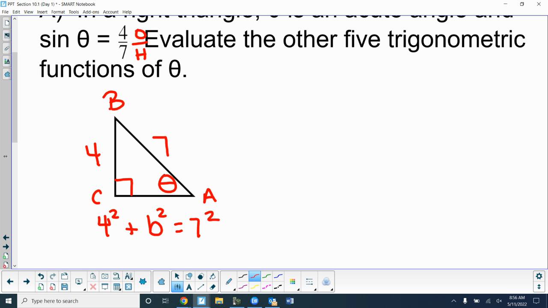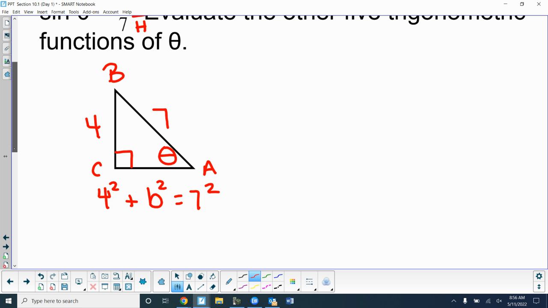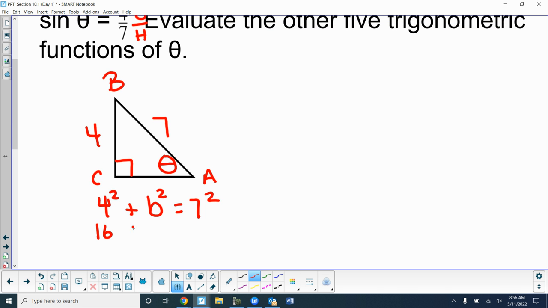Equals 7 squared. You guys with me? So you got 16 and 49. What am I gonna do with that 16? Subtract. So what's 49 minus 16? 33. So what's B?